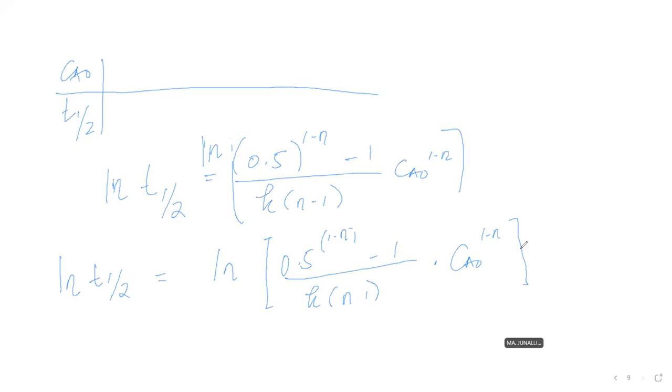And you've learned from your Math 11, EMA 101, that this can be written before the ln. So I can write this now as 1 minus n, the ln of, excuse me, you have 0.5 raised to 1 minus n minus 1 all over k times n minus 1 times CAO.